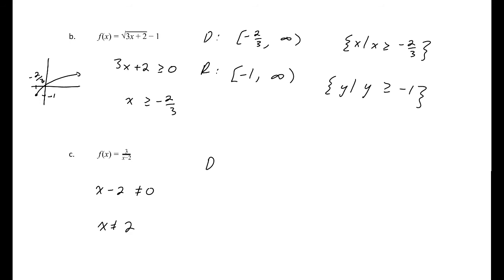So my interval notation for the domain would be negative infinity to 2, union 2 to infinity. And if you notice, we are not including 2 in either of those intervals, so it's excluding 2. That's the way to write that. In set builder notation, we have x such that x is not equal to 2.